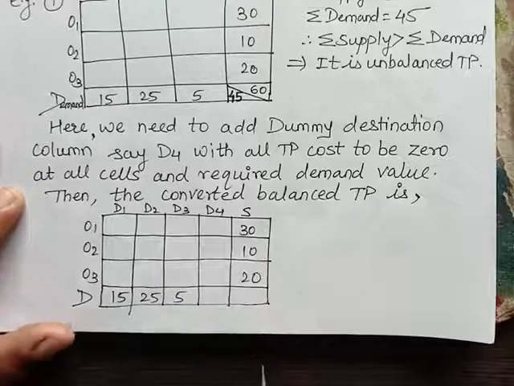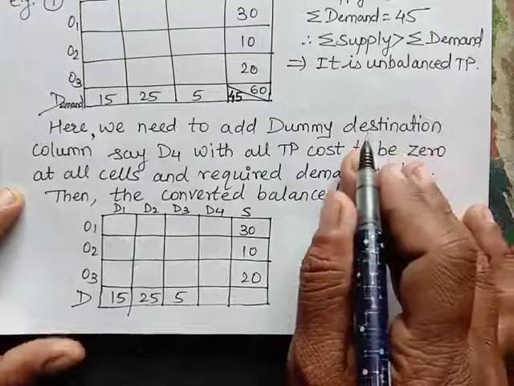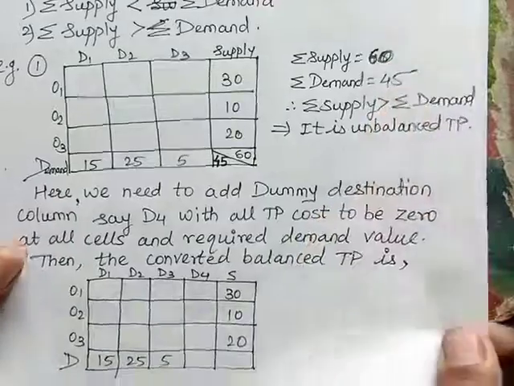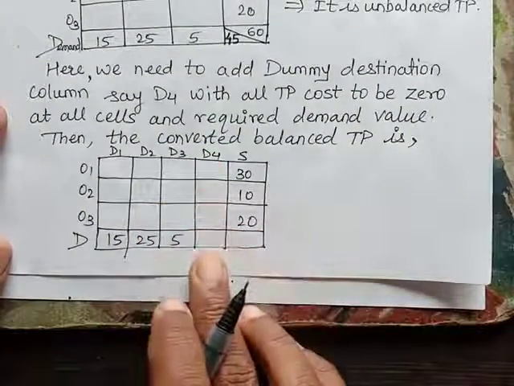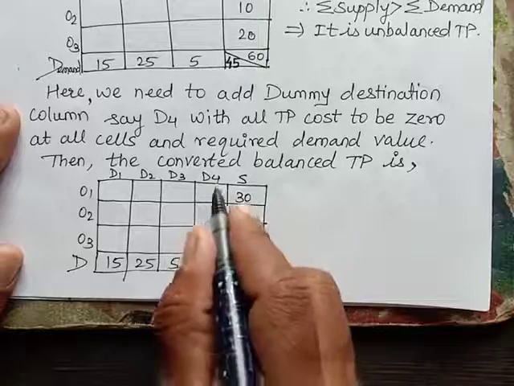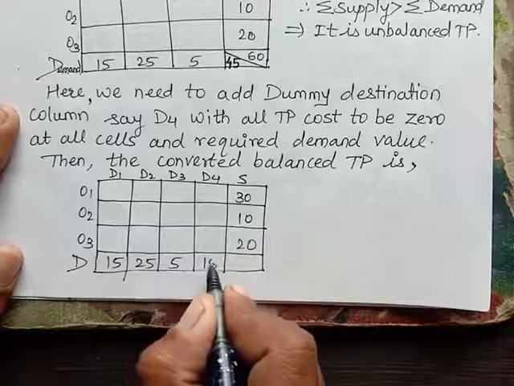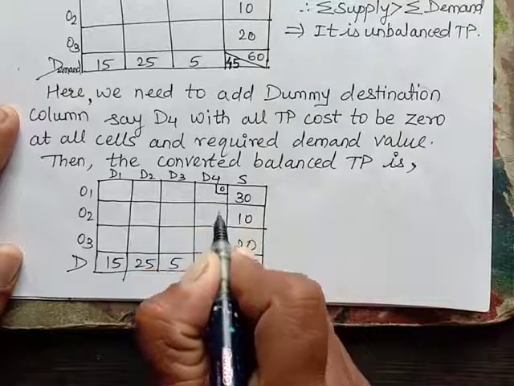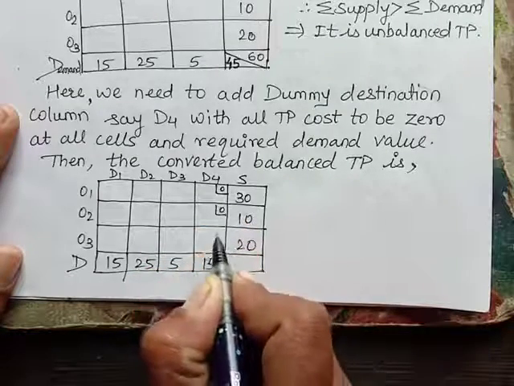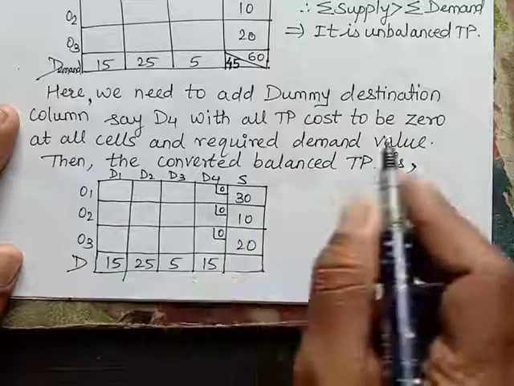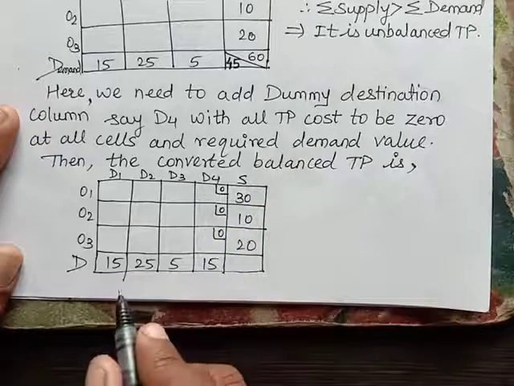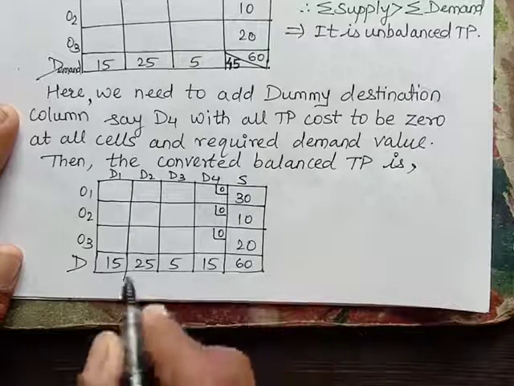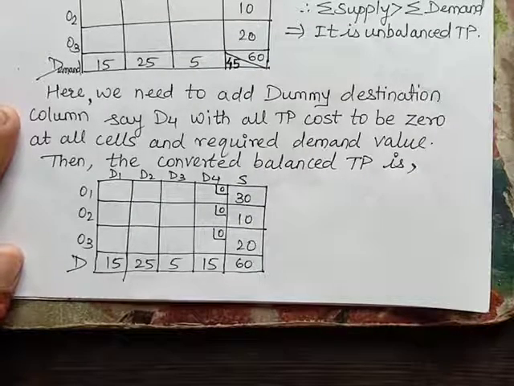Now this 60 is greater than 45 by 15. So destination D4 needs a demand value of 15. And all TP cost should be 0 in these cells. So now this will become 60, so this will become a balanced TP here.